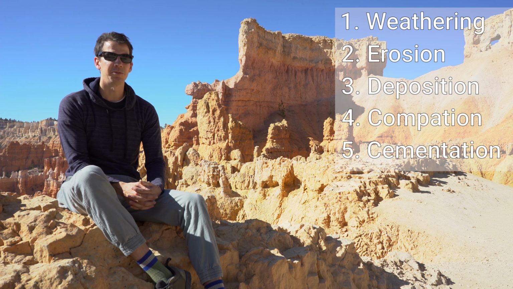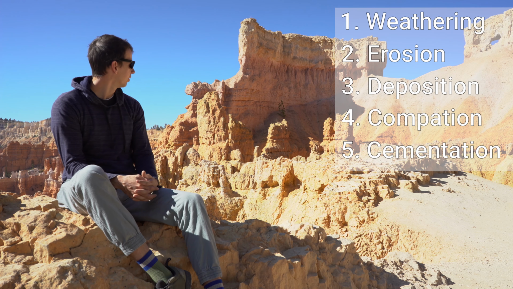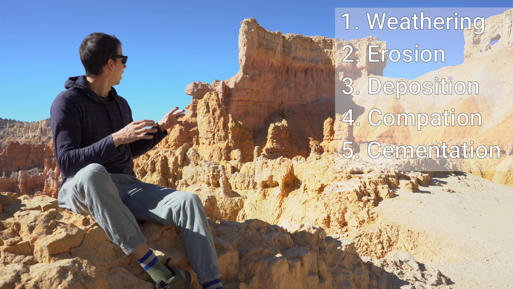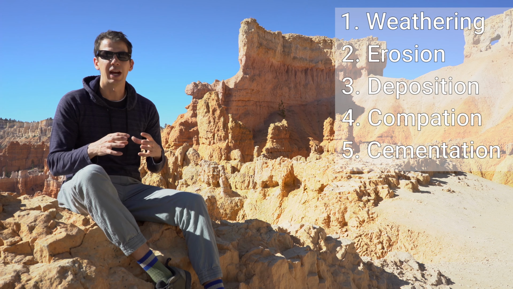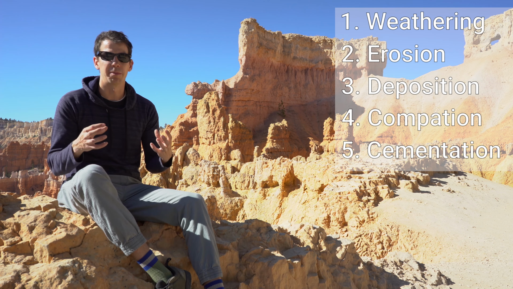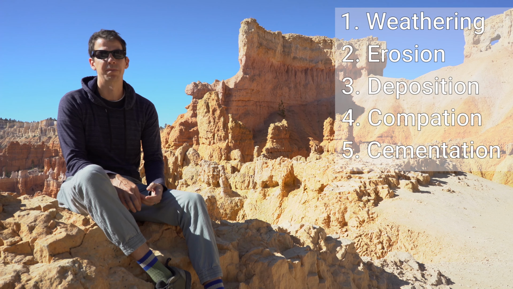Here at Bryce Canyon, we can definitely see the processes of weathering and erosion occurring to create this unique landscape. Weathering, the breakdown of rocks: if you look behind me, you can see a bunch of small little fractures, and over time these fractures will widen up, and that's how the weathering process occurs.